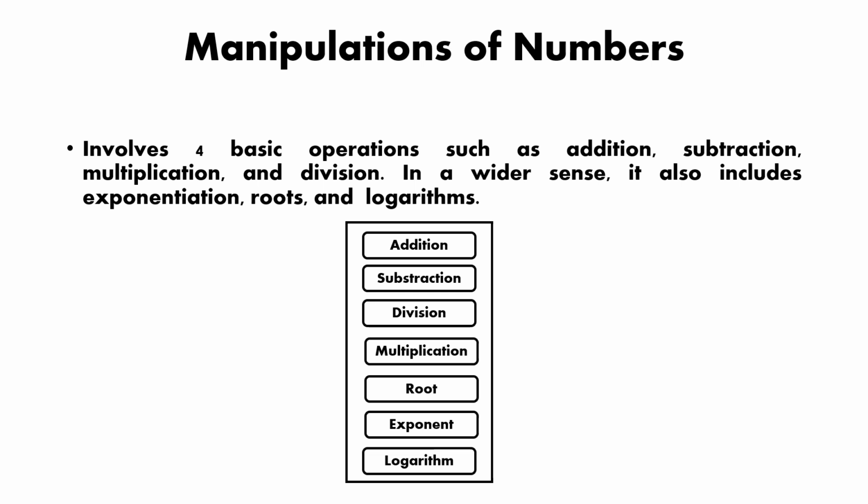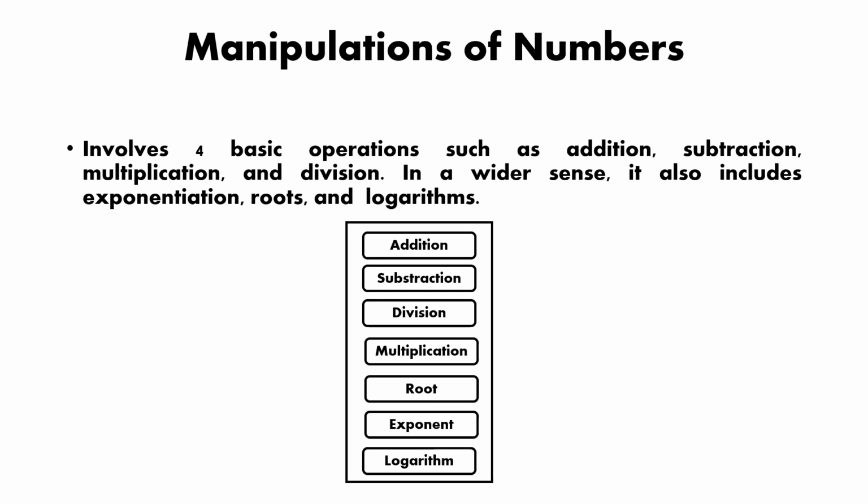Now, exponents, on the other hand, are basically the number of times the base is multiplied by itself. For example, 2 to the power of 7 would mean 2 would multiply itself 7 times to get a number, which is 128.